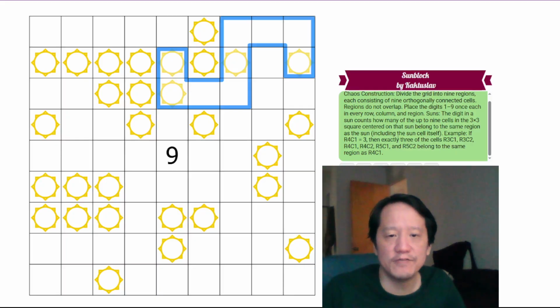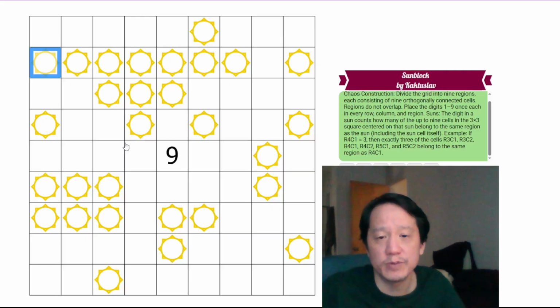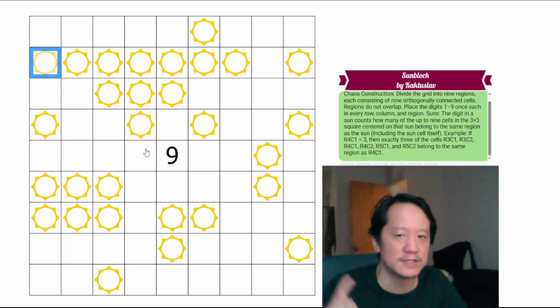We also have suns, where the digit in the sun counts how many of the up to 9 cells in the 3x3 square centered on that sun belong to the same region as the sun, including the sun cell itself.